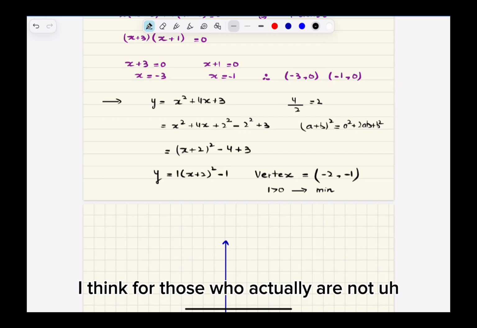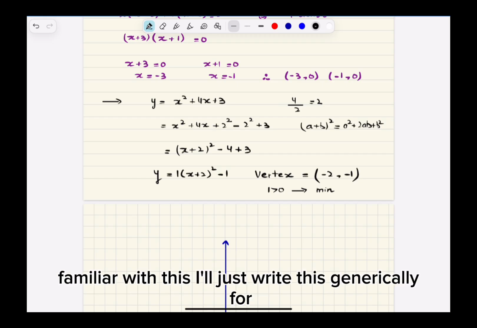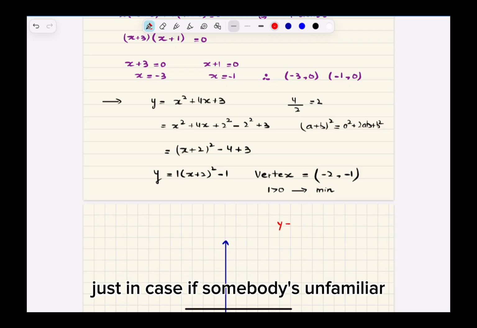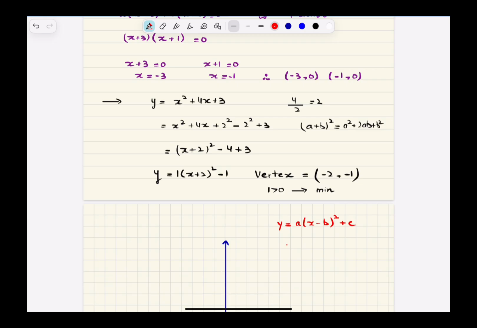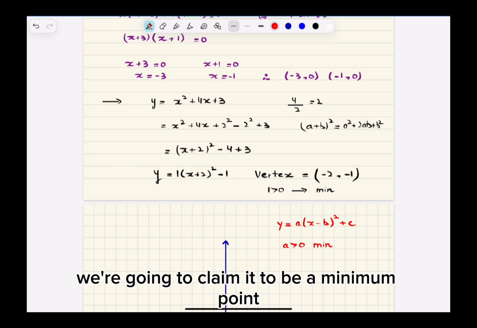I think for those who are not familiar with this, I'll just write this generically, just in case somebody's unfamiliar. If we have a(x minus b) squared plus c, then if a is greater than 0, we're going to claim it to be a minimum point.